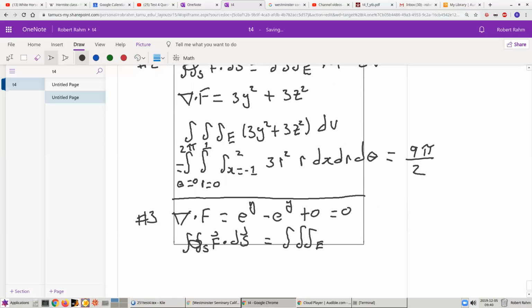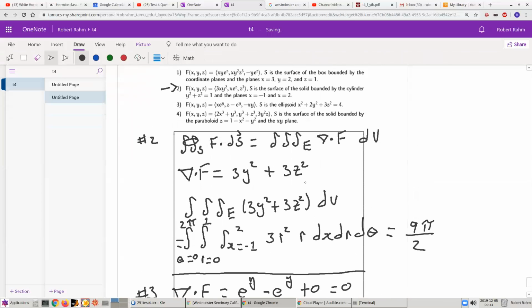E is the solid ellipsoid, and S is its boundary. But this is just the triple integral of 0 of the divergence of F, which is equal to 0. So the answer to this is 0.